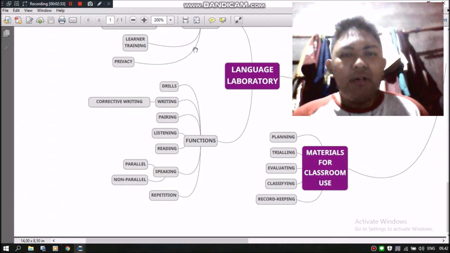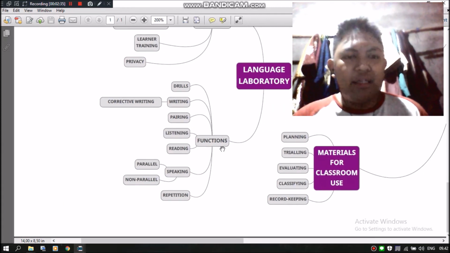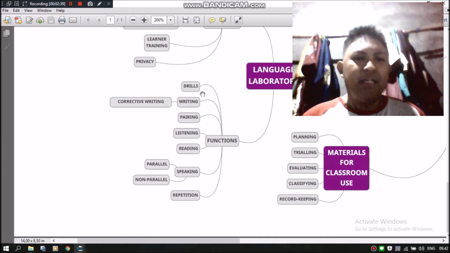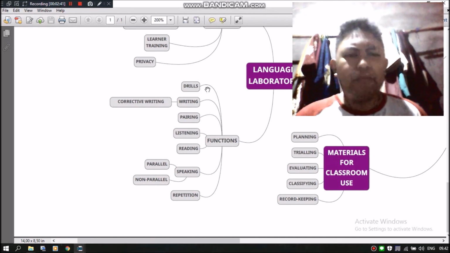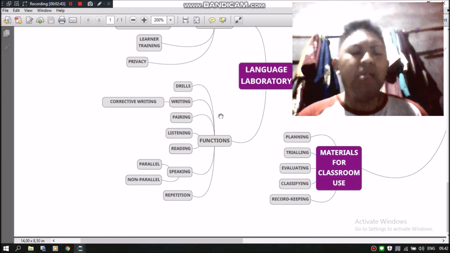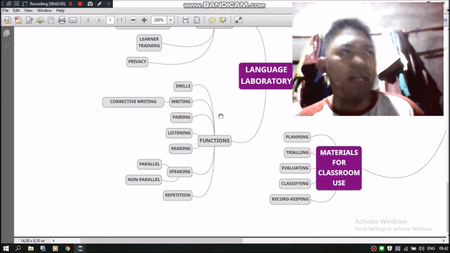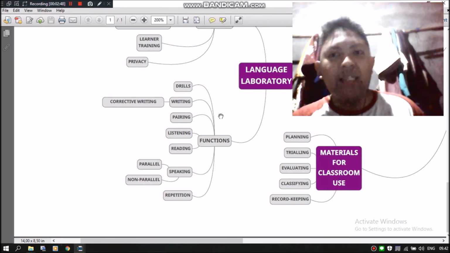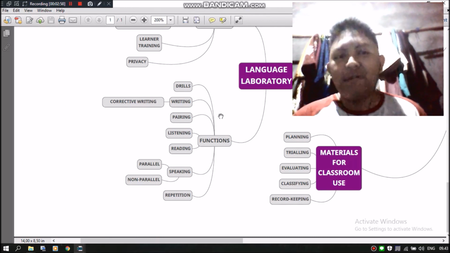And the functions of a language laboratory are, first, drilling, because drilling is good inside a language laboratory. We can also use it for writing, especially corrective writing, because you can tell the students to write something, for example, and the teacher can give immediate response to the writing via the headphones.